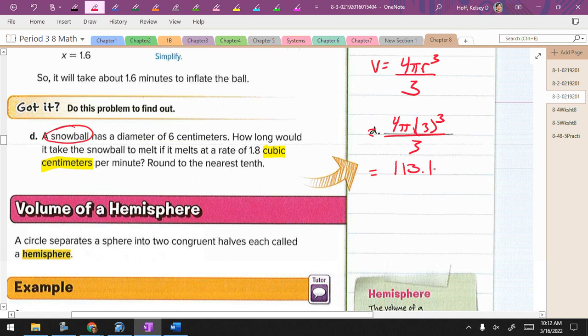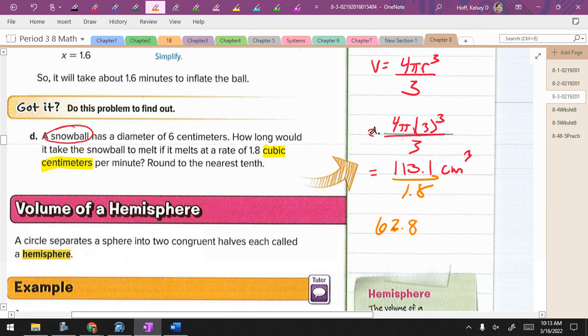Yep. And then your label would be centimeters cubed. Now, it melts at a rate of 1.8 cubic centimeters per minute. I want to know how long it's going to take. Yes, say it. Divide my 113.1 by 1.8. I need to know how many groups of 1.8 are going to come out of that. 62.9.